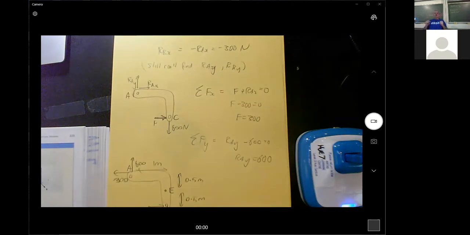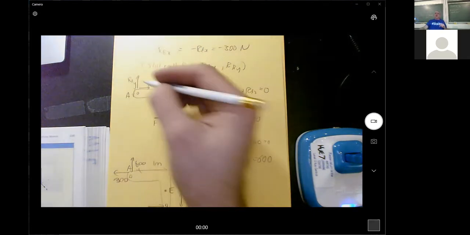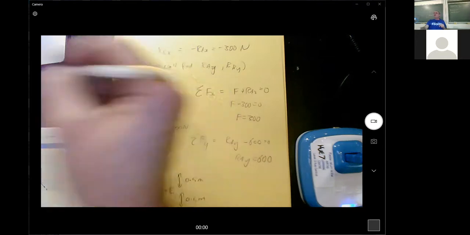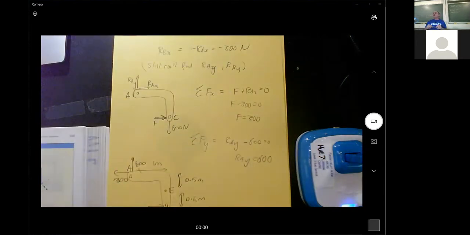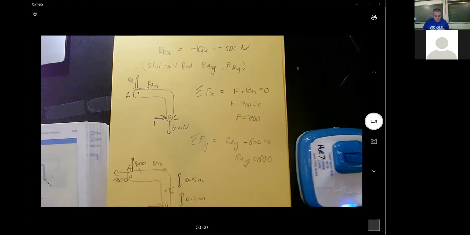I may give up on this and do a different problem because their solution doesn't make sense to me because they haven't resolved these forces. They've done them as an angled force. Yeah. Sine 45.